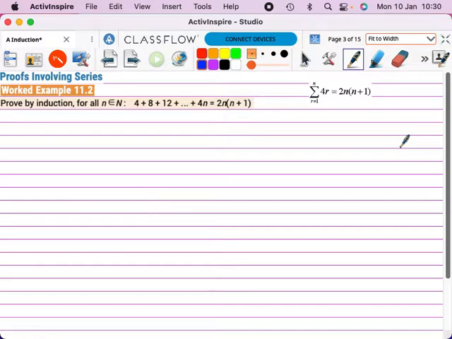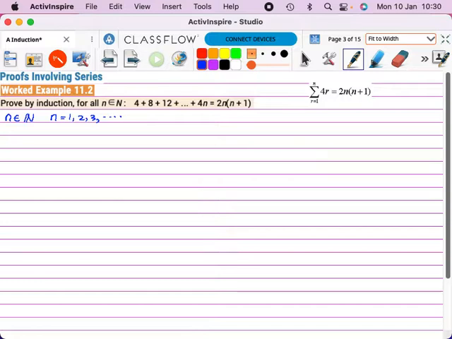So let's get started. So the first thing is, when we say that n belongs to the set of natural numbers, what do we mean? Well, we mean that n can equal 1 or 2 or 3 or so on, going on forever. So that's important to establish. Secondly, you might get this particular question in two formats.